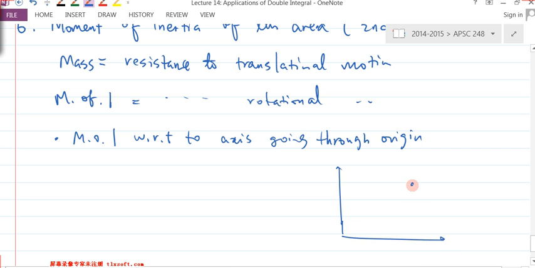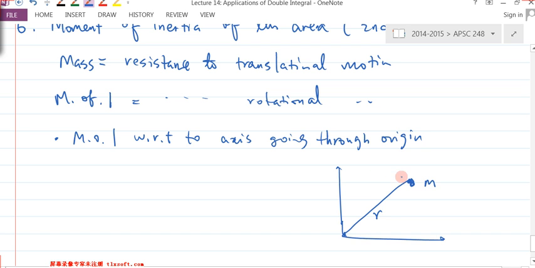Let's say I have a point mass, a very small point mass, so the object is described by a point. It's at a certain distance from the origin, and there is an axis passing through the origin, perpendicular to the plane of the page. This thing will rotate about this axis.